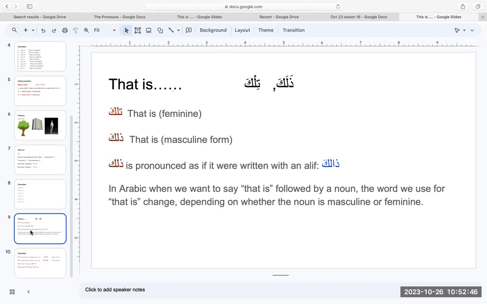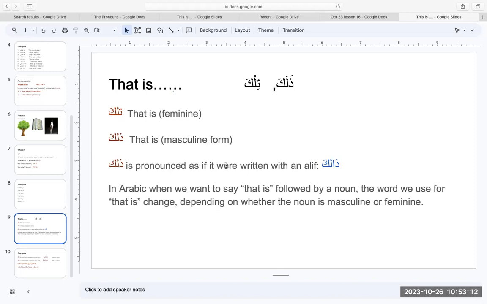So you will not say "this is your book"; you will say "that is your book", something a little bit far from you, okay? So تلك, we use it for a feminine noun or object. ذلك, we use it for a masculine object or a human being.